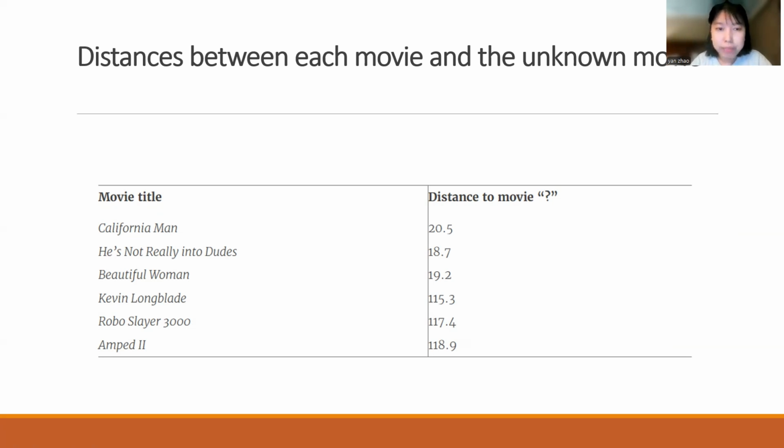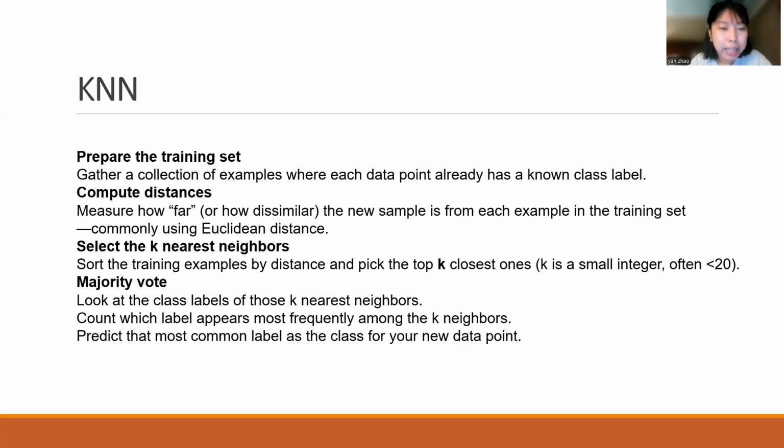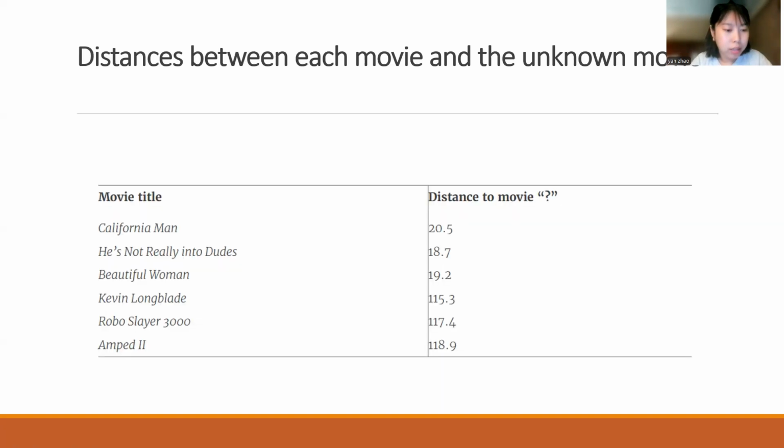Step 3, select the k nearest neighbors. Now that we have all these distances to our unknown movie, we need to find the k nearest neighbor movies by sorting the distances in increasing order. This is what I already did.